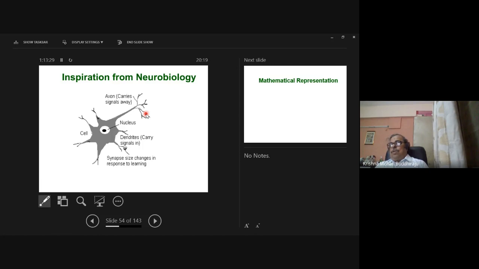The human brain contains something like 10 billion neurons, and each neuron is connected to 10,000 to 100,000 other neurons. That gives you a fantastic parallel network. Each neuron is a very, very simple computational element, but with so much parallel processing, it is extremely powerful for scene recognition, face recognition, for understanding music and so on.